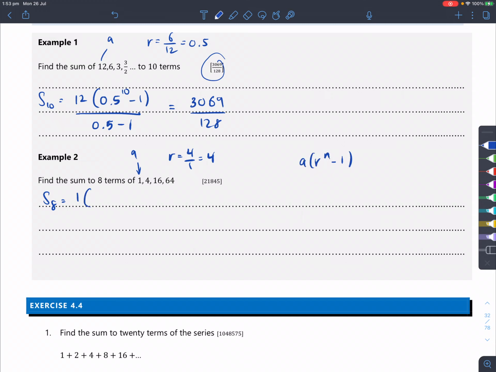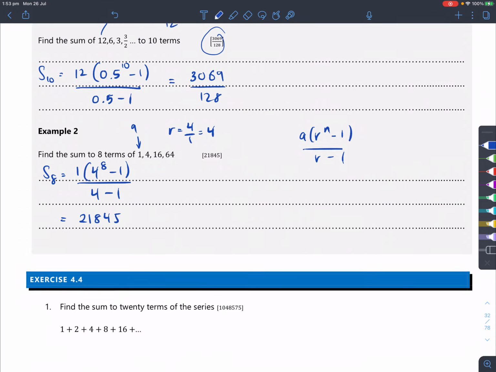Let me just write the formula down for you. So the ratio is going to be 4 to the power of 8 minus 1 over R, which is 4 minus 1 once again. Okay, and that should give us 21845. That's a sum of 8 terms.